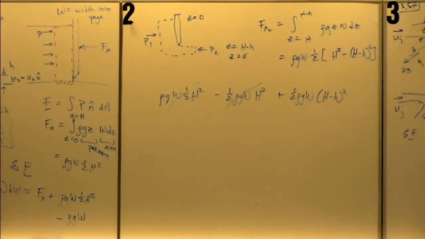5 minutes left. Any other questions on the homework? Or is this one okay? I think the big thing is that people forget to use the hydrostatic pressures. But anytime you got fluid in a control volume and there's gravity, you're going to have hydrostatic pressures.